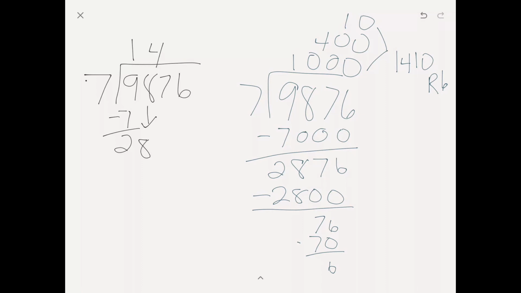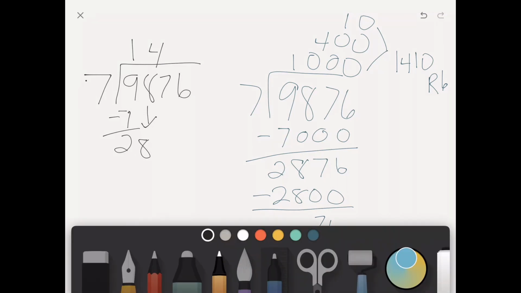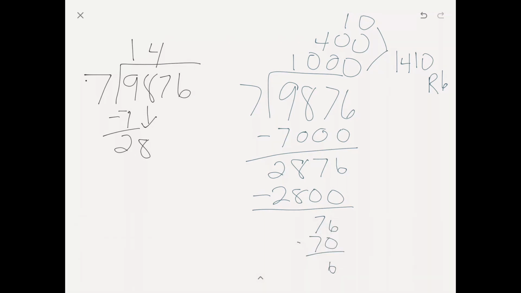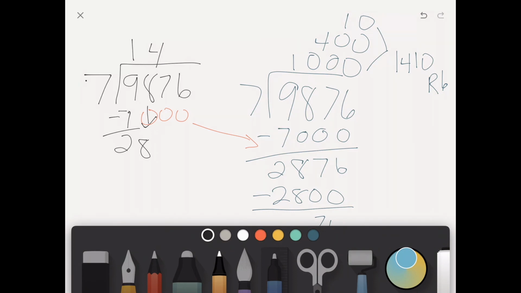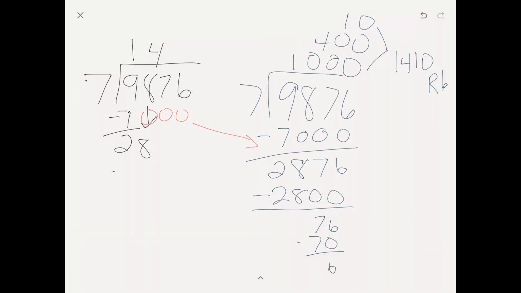But again, that 7 here is not really a 7. It's 7,000, right? That connects there. This 28 that's left over is 2,800 that's left. And so when I put a 4 up there to multiply it by, I'm not just getting 28 here. It really does mean 2,800.